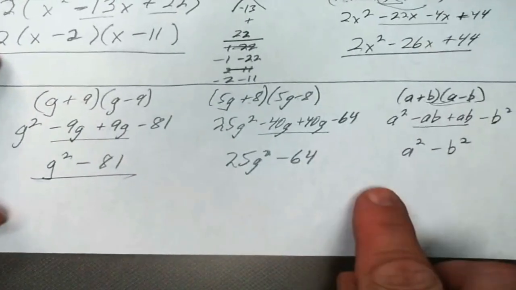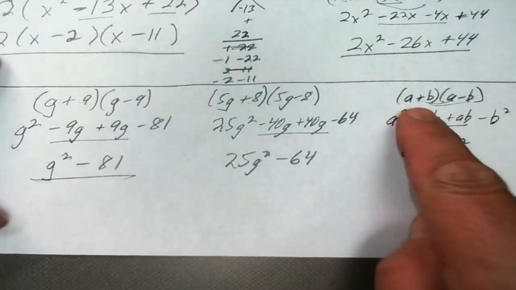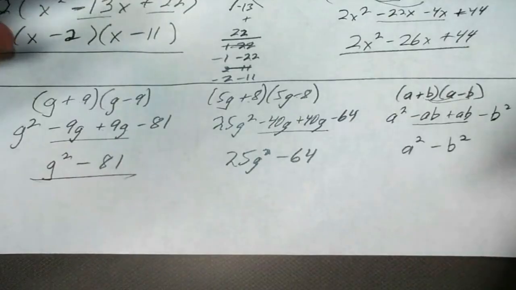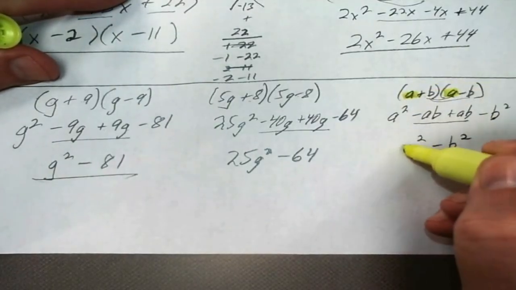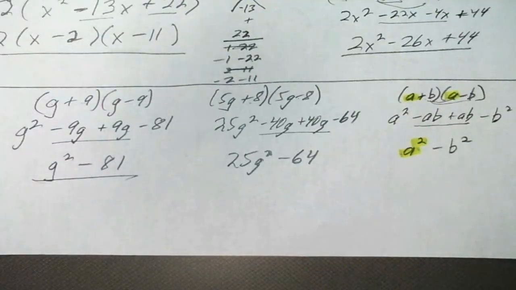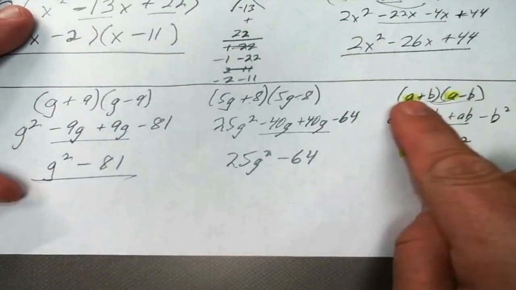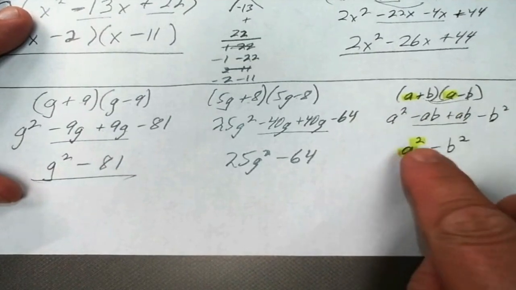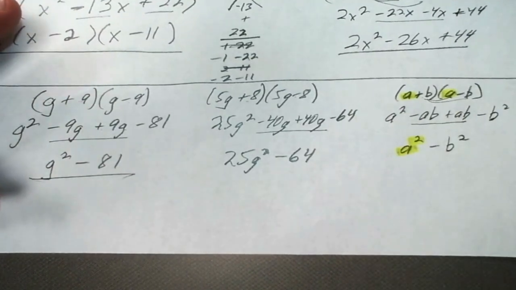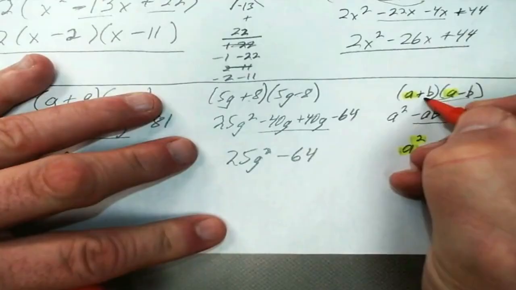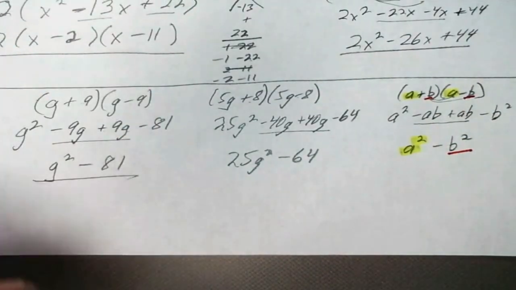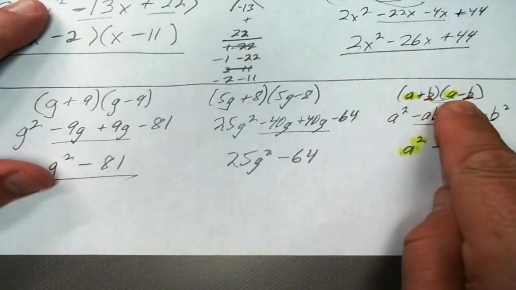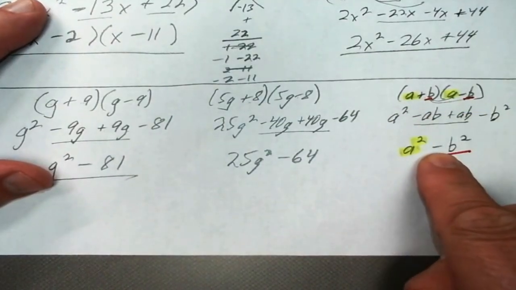Oh, this is a shortcut. If we have a as the first term in both binomials, we're going to end up with a squared. If we have b as the second term, we're going to end up with b squared. And if we have a positive and a negative, we're going to end up with a negative in the middle.